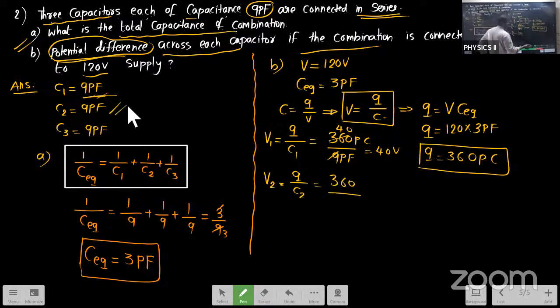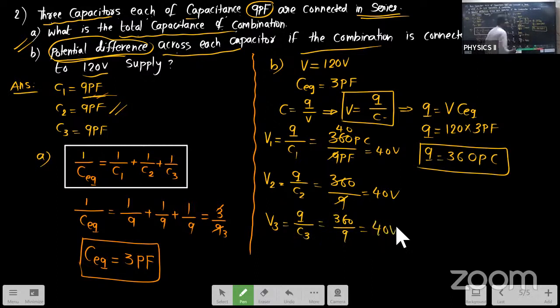The three capacitors have the same capacitance, so this will become 9. Again, I get 40 volts. Similarly, for V3, Q divided by C3 is 360 divided by 9. Again, I get 40 volts. So the potential across each capacitor is the same, because the three capacitors have equal capacitance, 9 picofarad.